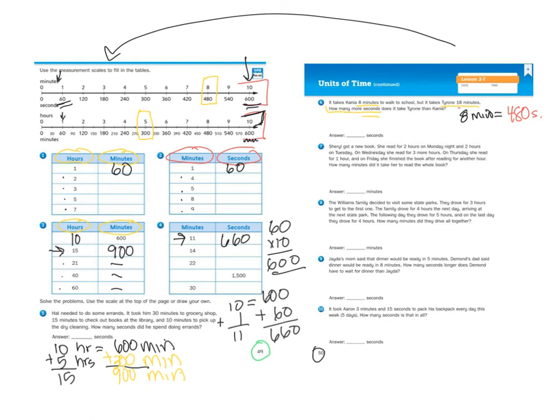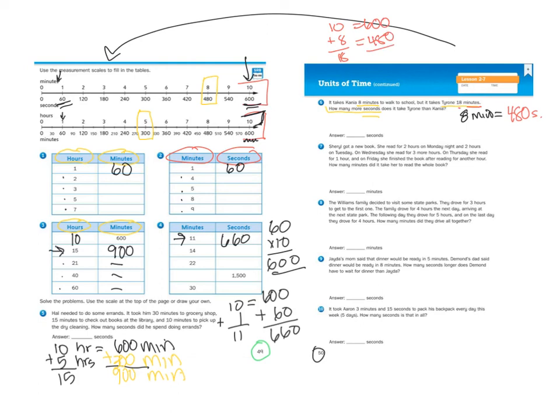His is 18 minutes. Well, 18 minutes is more than we have on the chart. But again, for 18 minutes, we can use 10 minutes and 8 minutes to make 18. 10 minutes was 600 seconds. 8 minutes was 480 seconds.